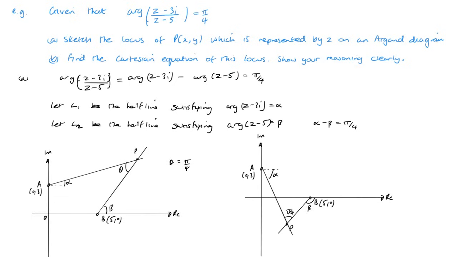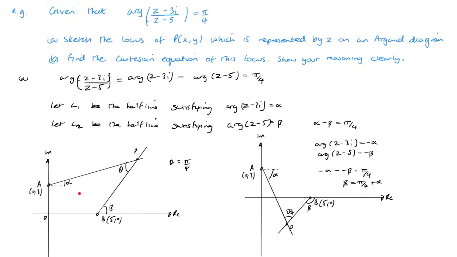So now what we've actually got is that arg(z minus 3i) is minus alpha, and arg(z minus 5) is minus beta. So instead now we've got minus alpha minus beta equals pi by 4. So we actually have beta is pi by 4 plus alpha. So that's our scenario now.